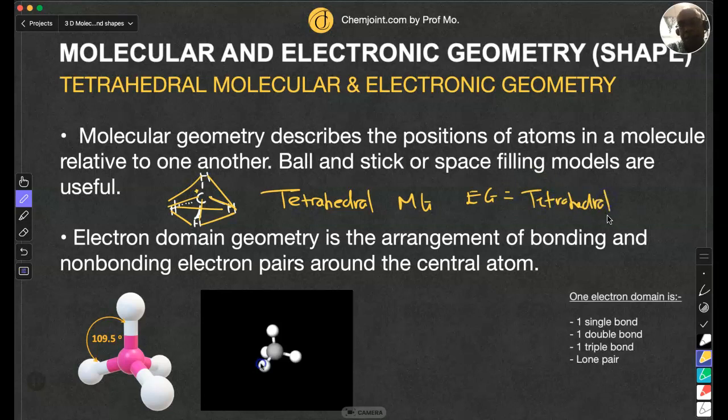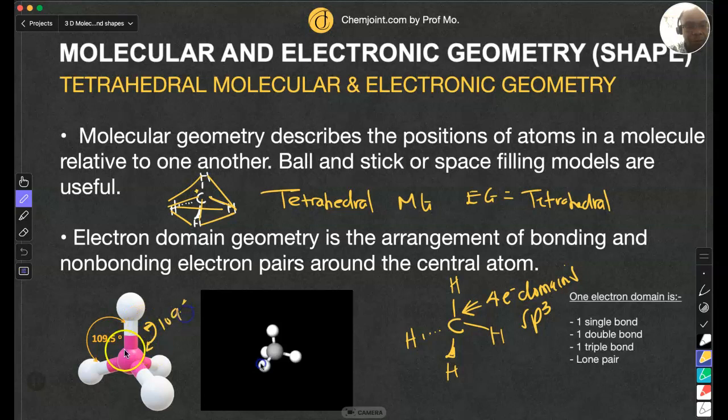As far as hybridization goes, the carbon in the middle has 4 electron domains around it. So if we have 4 electron domains, we expect sp3, and therefore the bond angle is predicted to be roughly 109.5. There's no lone pair on the central atom, so molecular geometry is going to be the same as electronic geometry.